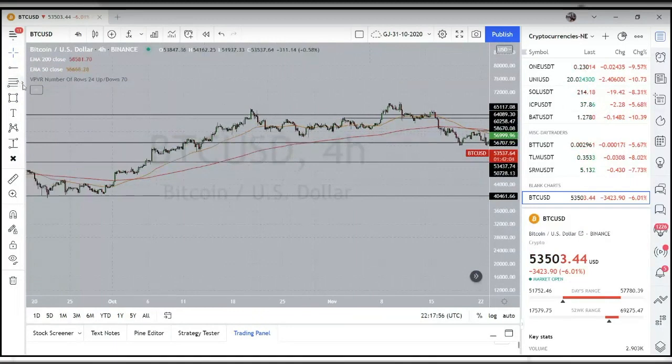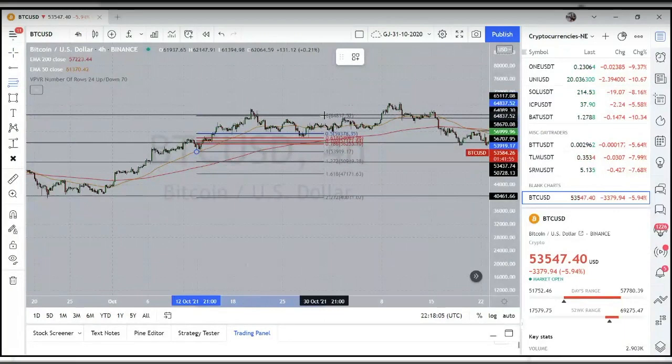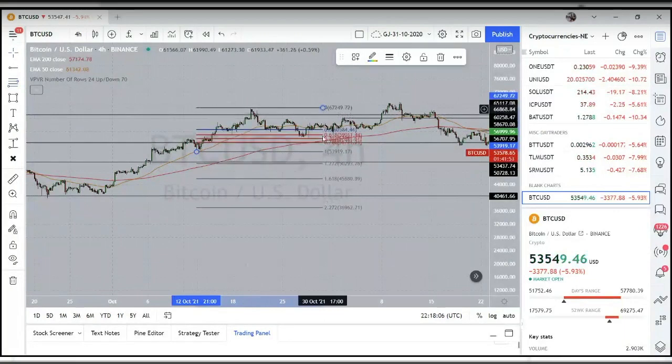If you know about fibs, you can use the fib to then see, okay, well, we did only retrace down to around the 70% fib level.